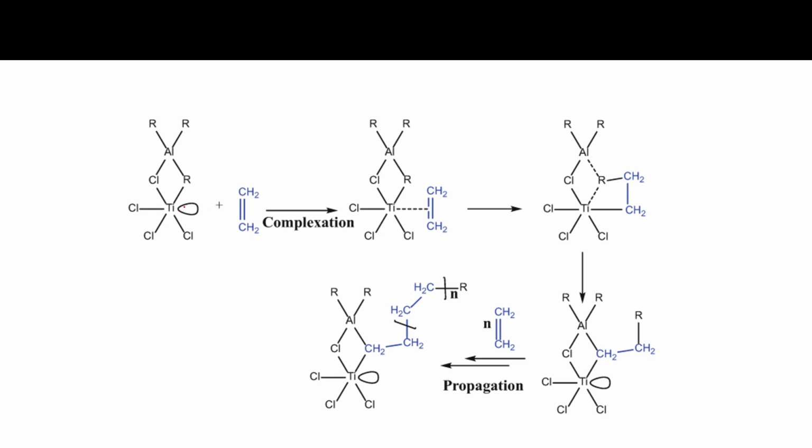This is the vacant site of the titanium, so the pi electrons will go there, forming a bond with it. Now the CH2 and CH2 can form a bond with this R, and the aluminum will be eliminated. Then we get the chain bonded perfectly, CH2CH2R. Then another CH2=CH2 comes in, and this process goes on continuously.